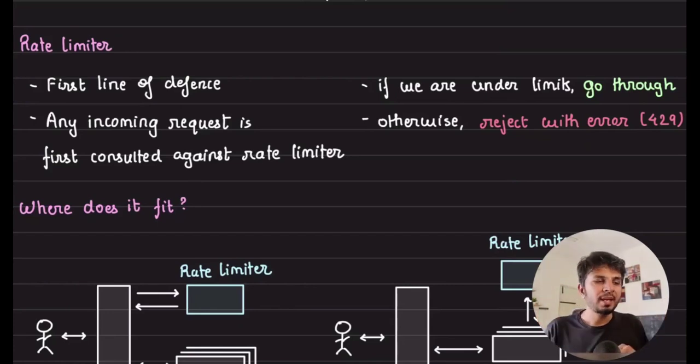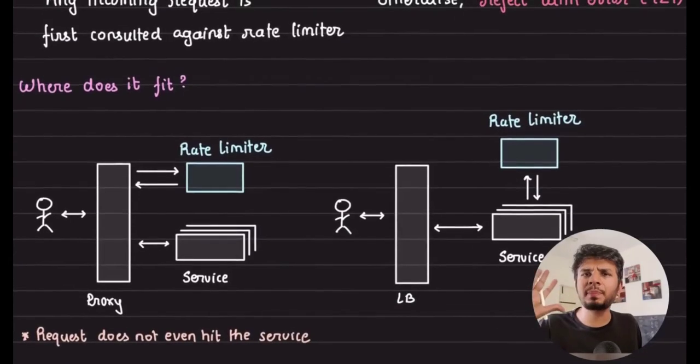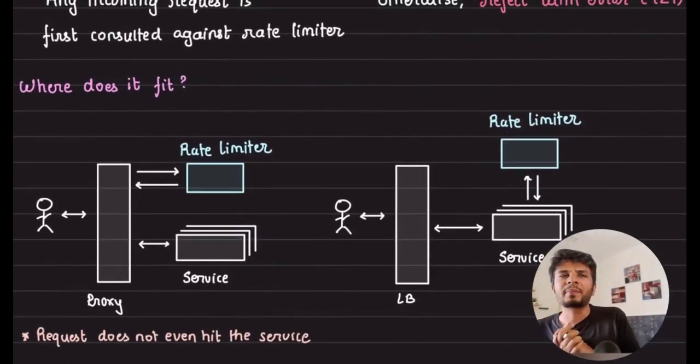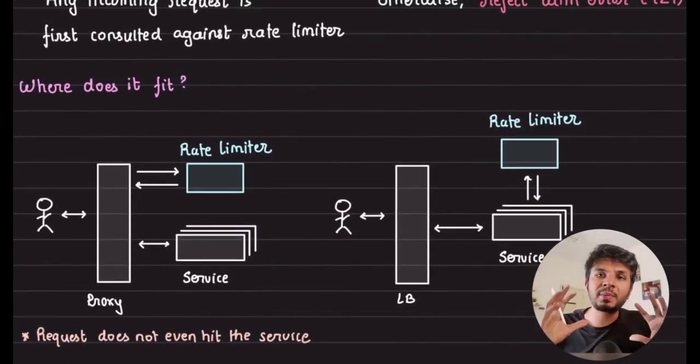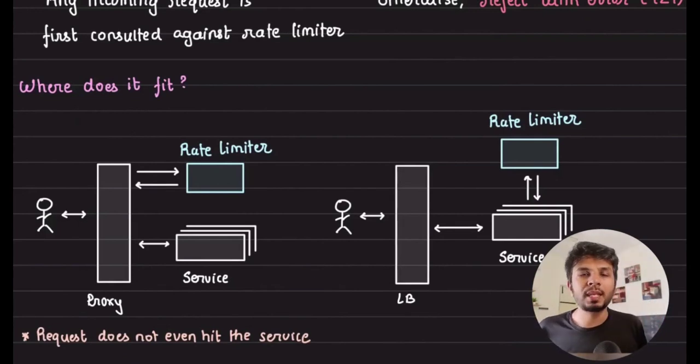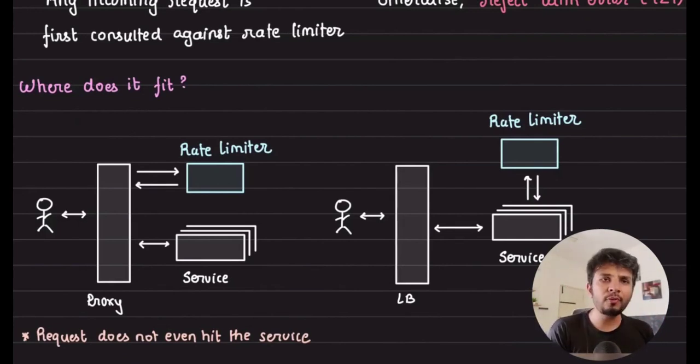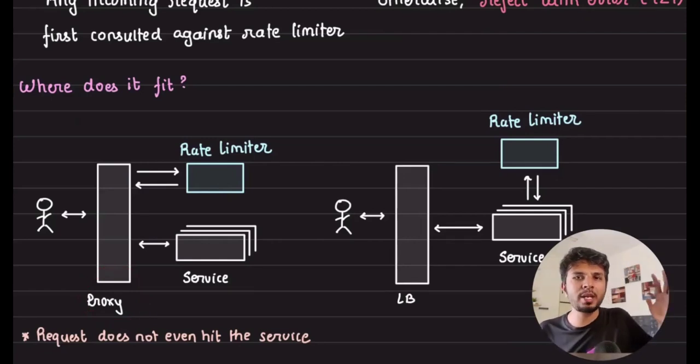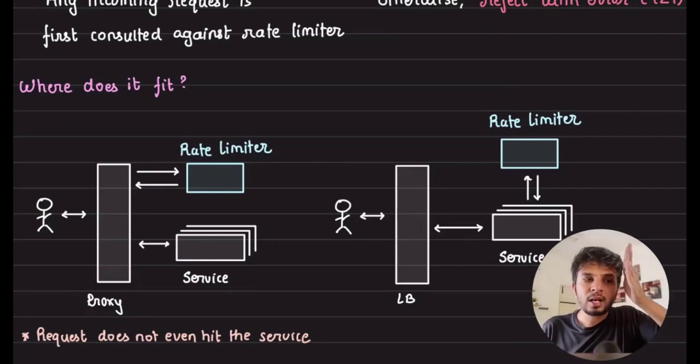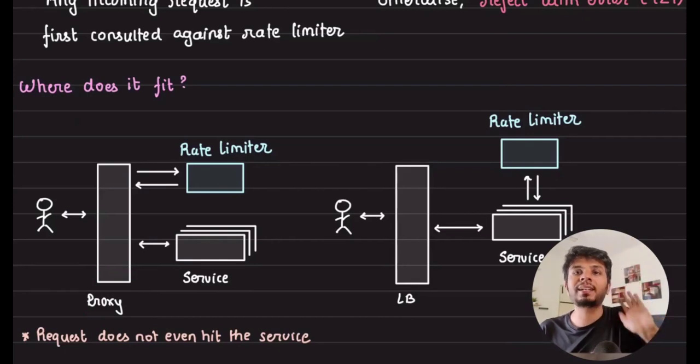Correct? Okay. Now let's understand where the rate limiter fits into the system. We go step by step into building any and every system, right? So let's understand where a rate limiter fits. For example, in your architecture, there is a front-end proxy. It's just a fancy way to say that all incoming requests have a single point of entrance.